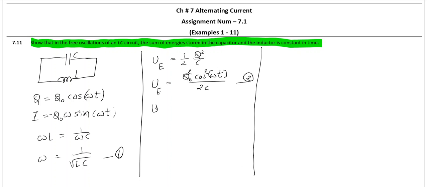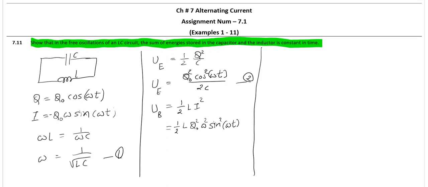Similarly, the inductor stores its energy in the form of magnetic field. So let the energy of the inductor be UB, which is equal to half Li². So, half L Q0² ω² sin² ωt.